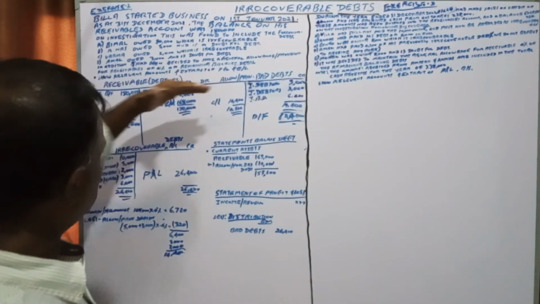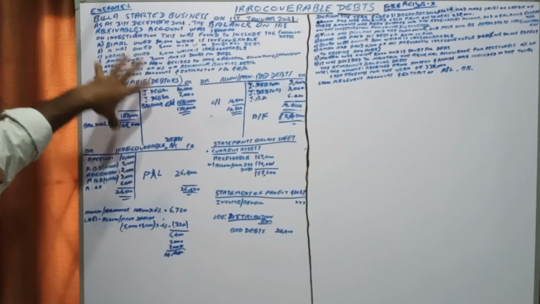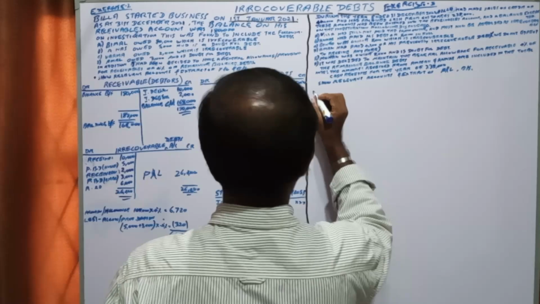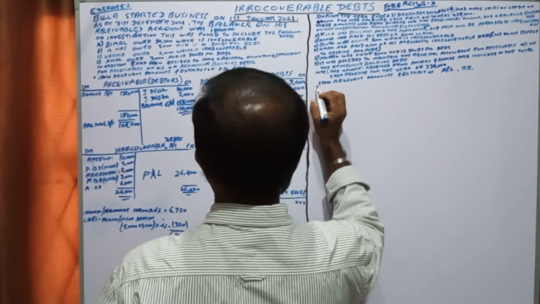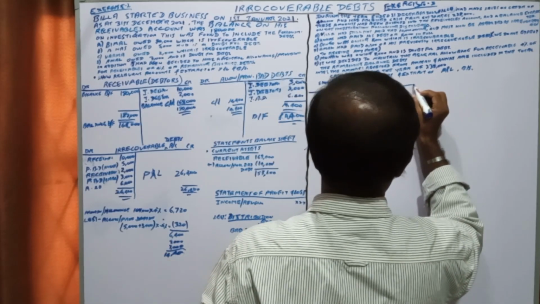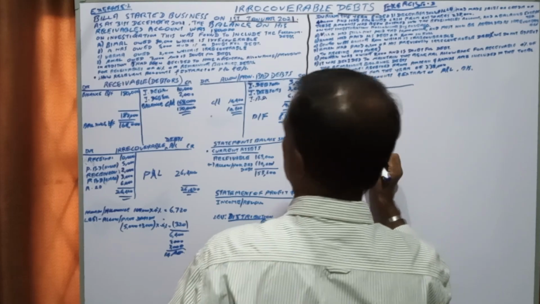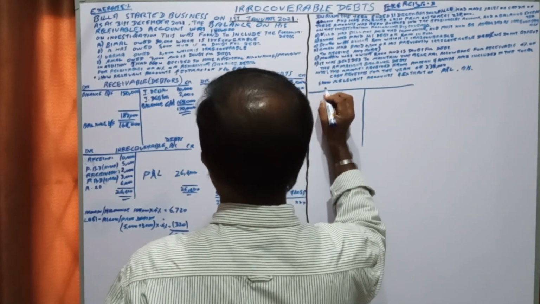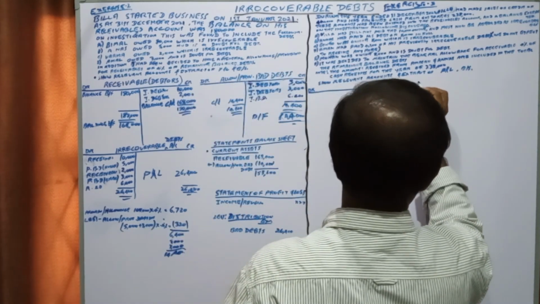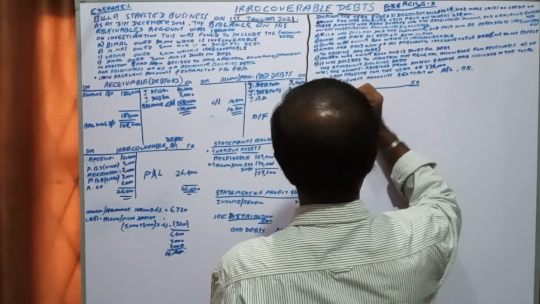The same accounts we are going to open, because this is a continuation of that one. Okay. So we have to open a receivables, debtors account. This is Dr and this is Cr. Receivable. Okay.